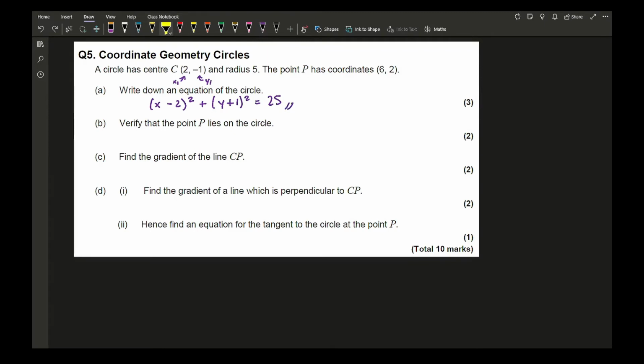Where the 3 marks would come from is this value here, writing that value there. If you were to write it as 5 squared instead of 25, then that would be absolutely fine. There's no essential need for you to expand the powers to write it as 25. Now to verify the point P lies on the circle, there's a couple of ways in which you can do this.